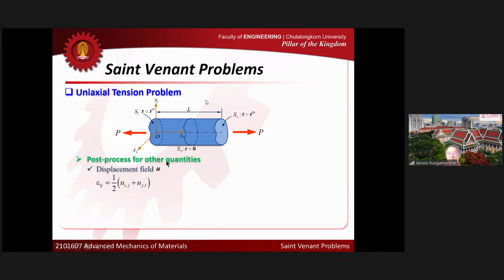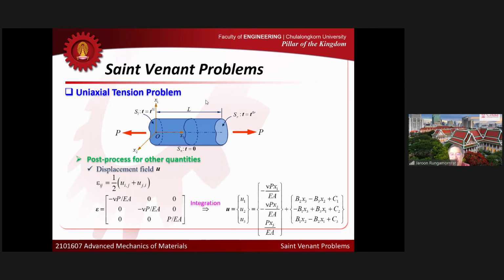That implies that the strain field that you got before is compatible, right? So once the strain field is compatible, this equation can be integrated to get the displacement field. Or I can say that the equation here is integrable. So I perform the integration, and I can get the displacement field of this particular form.